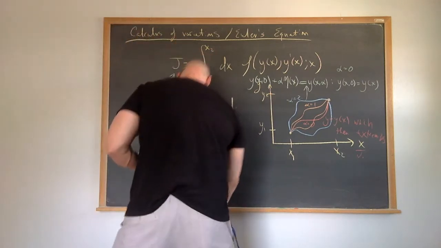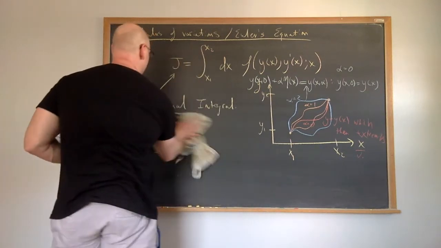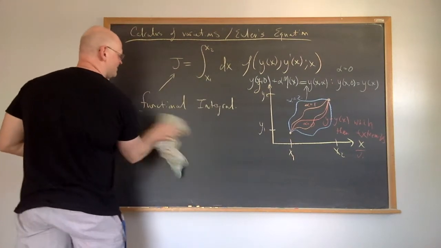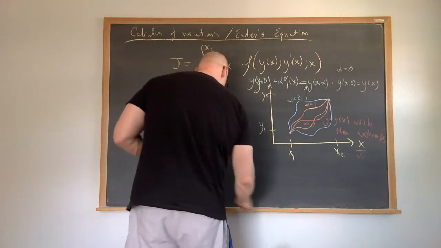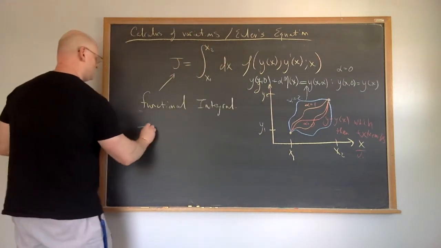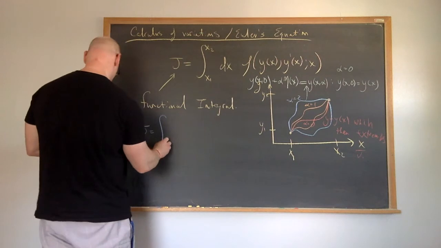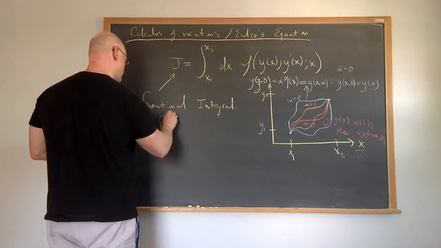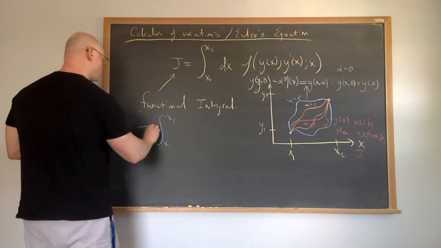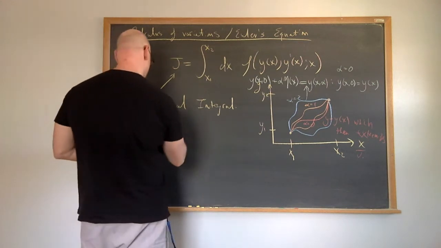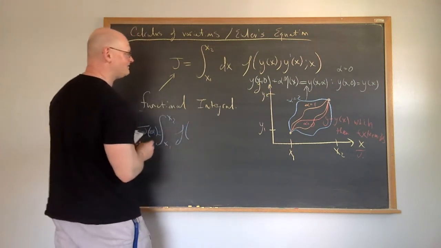So, in this case, what this means is that if we take this parameterized path, our integral J is now going to become equal to the integral, again, from x1 to x2, but J is now a function of alpha, equal to the original function, f.